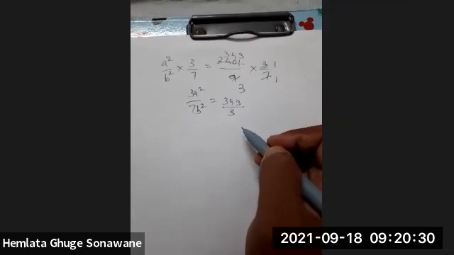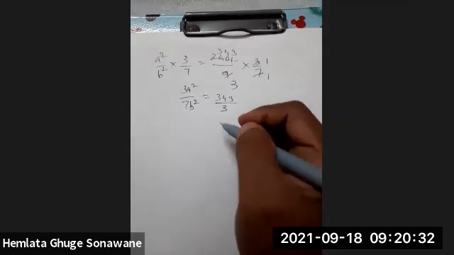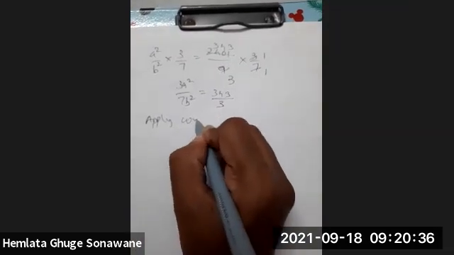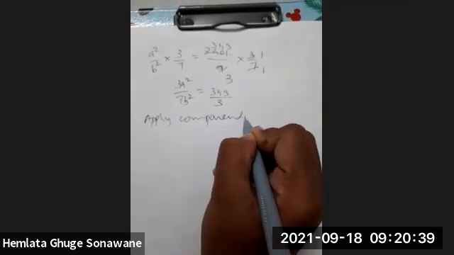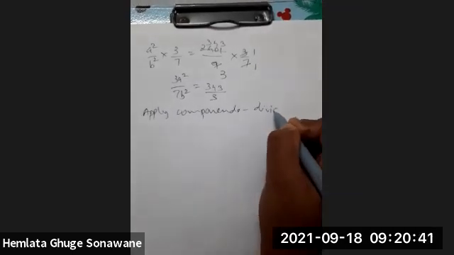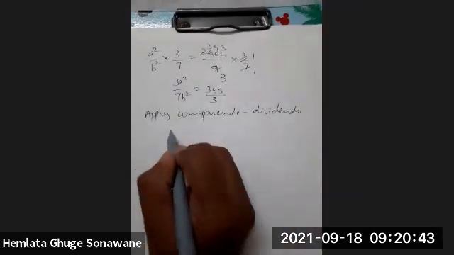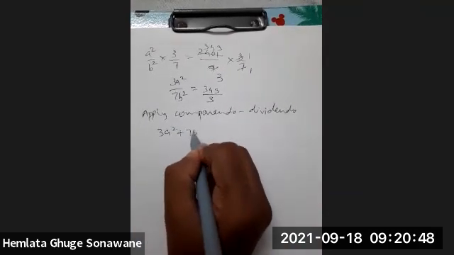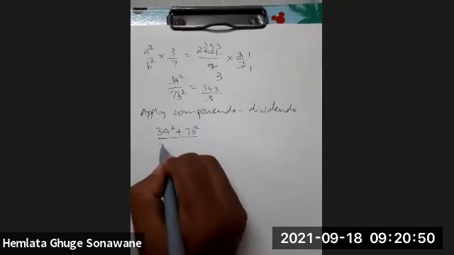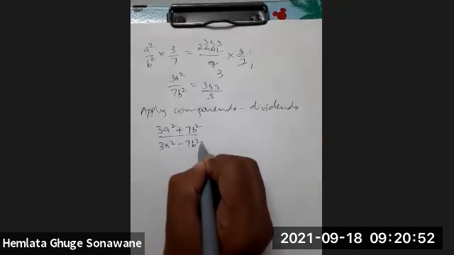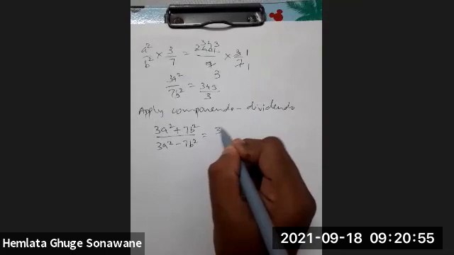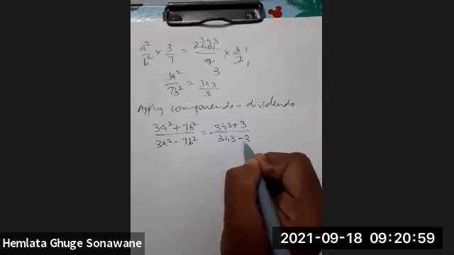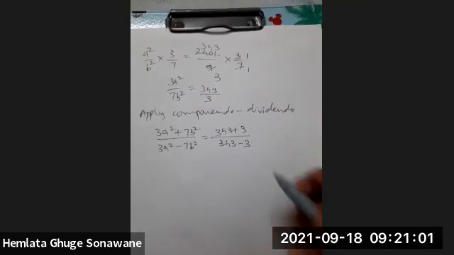Now we'll apply the property of componendo and dividendo here. So 3a square plus 7b square upon 3a square minus 7b square is equal to 343 plus 3 upon 343 minus 3. Okay.